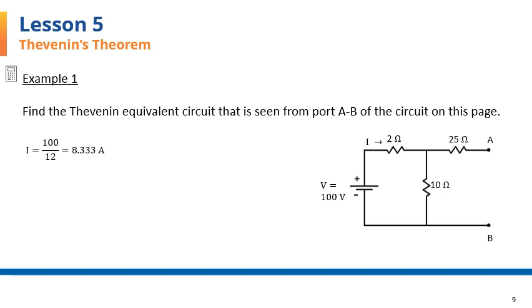We add those and divide the voltage, 100 volts, over the total resistance, 12 ohms, and the answer comes to 8.333 amps. That's the current I going through here. Because none of that current goes through the 25 ohm resistor, all of that current will also flow in the 10 ohm resistor.